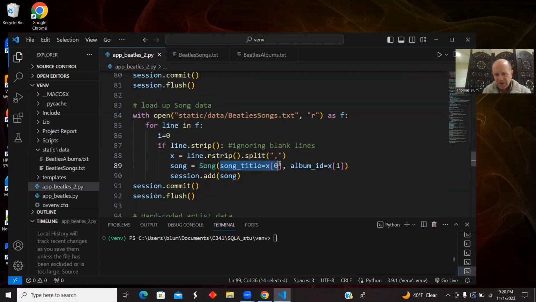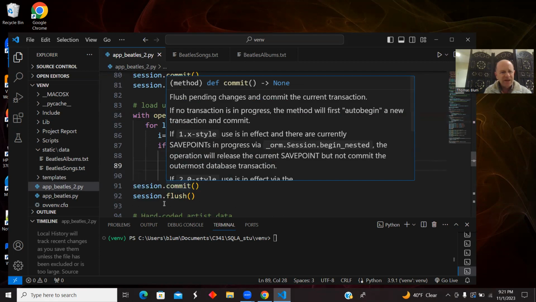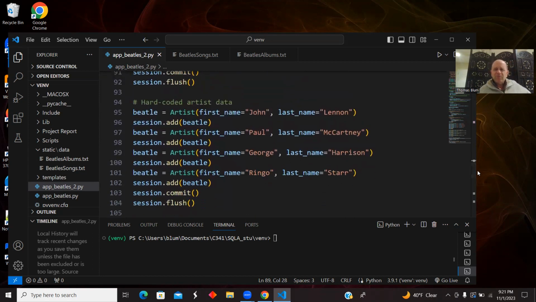So there it is, song title, album ID, X0, X1, and then add the song and commit. This one had the integer ID, so we're auto incrementing. And again, commit, and again, redundant with the flush. I think the commit does everything I need it to do.